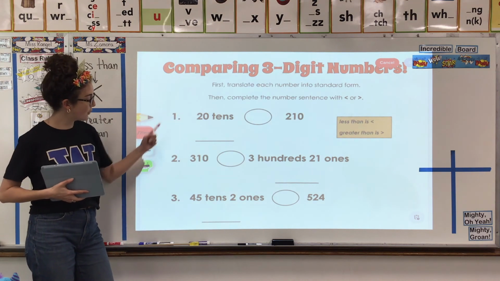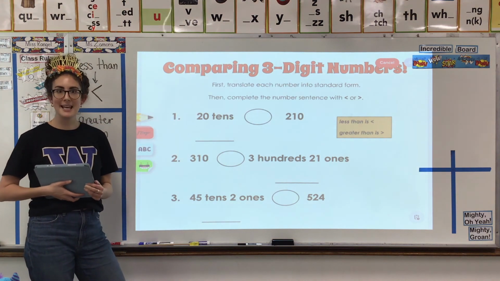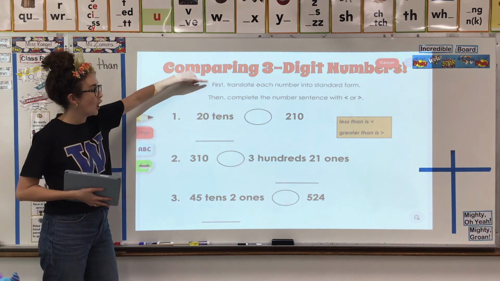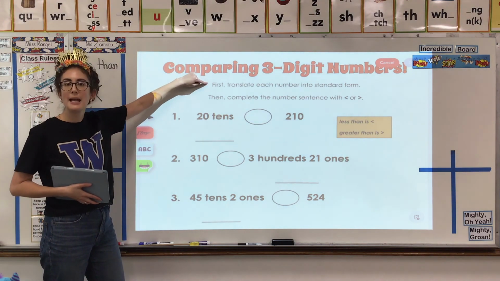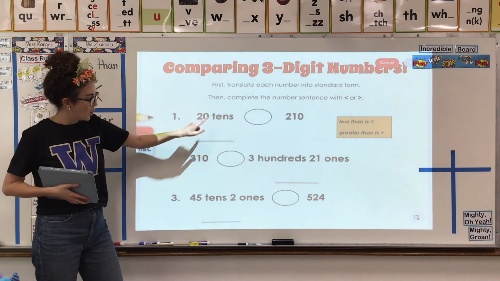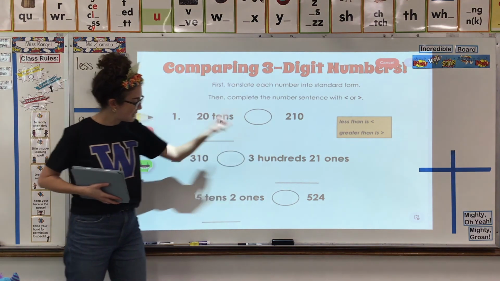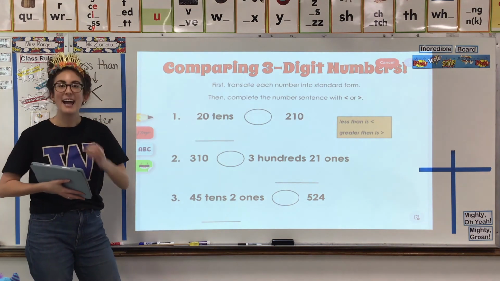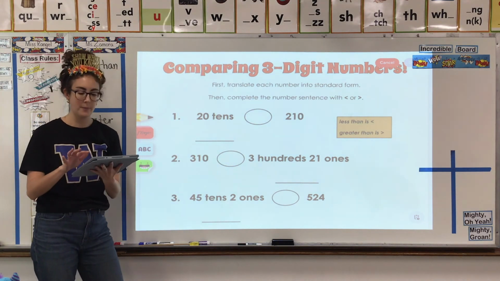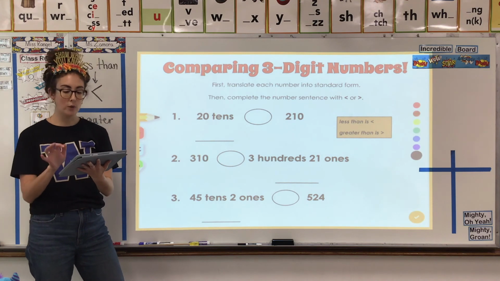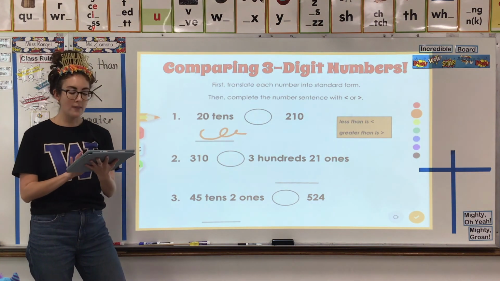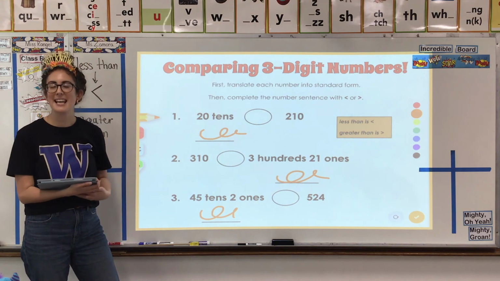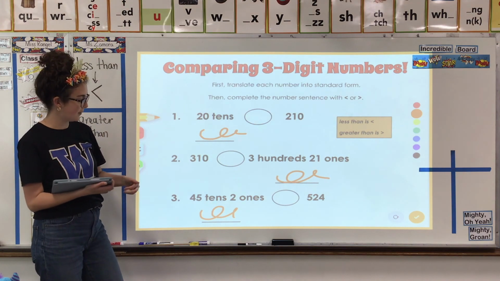So you have 3 number sentences, just like yesterday, and your first task is the same, to translate each number into standard form. So you see 3 unit forms that you're going to bundle and figure out their total value. You're going to write that total value on that line so you can see both numbers in standard form when you compare.